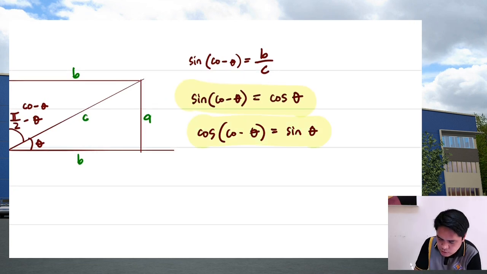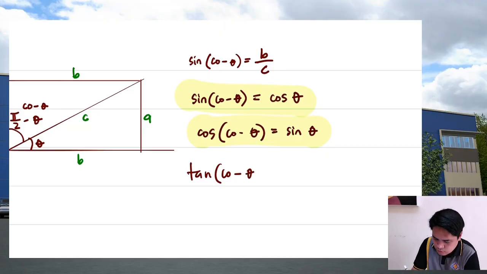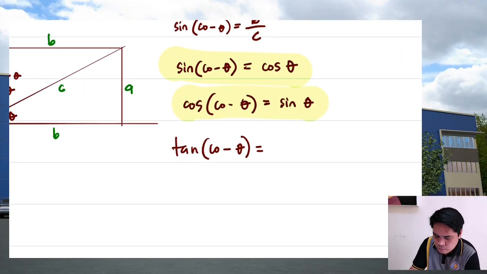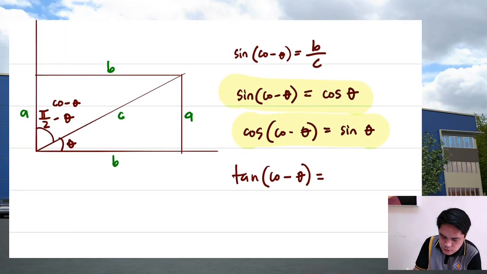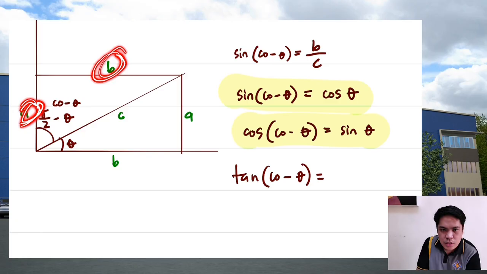Now next, we have tangent. The tangent of the complement of theta. Okay? The tangent of the complement of theta is what? So tangent is opposite over adjacent. So opposite over adjacent, B over A is cotangent, di ba?